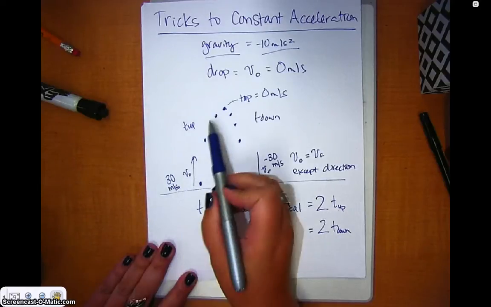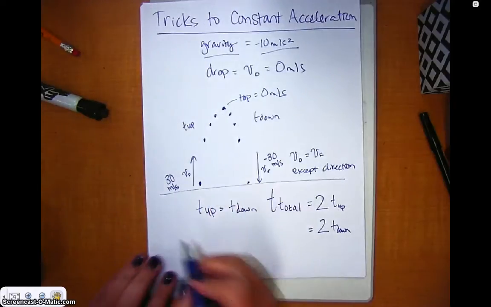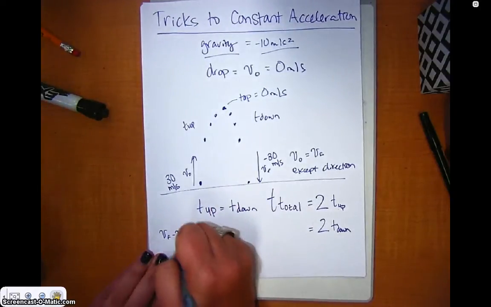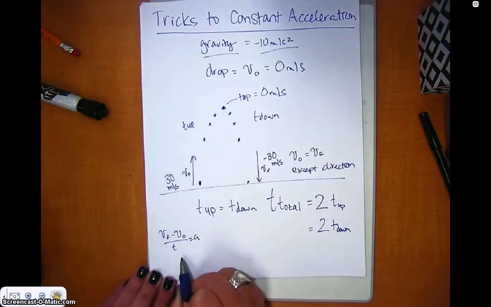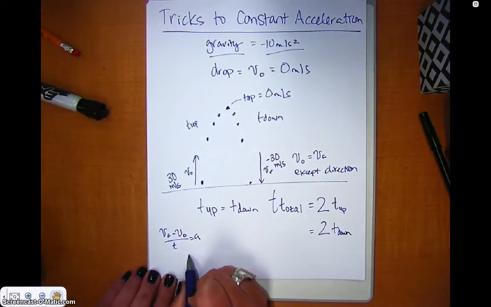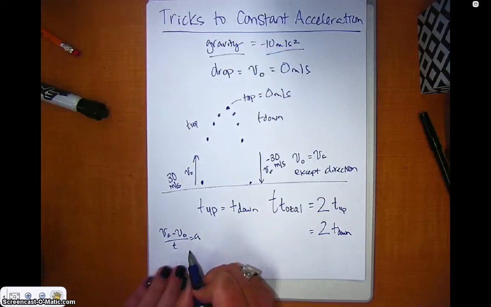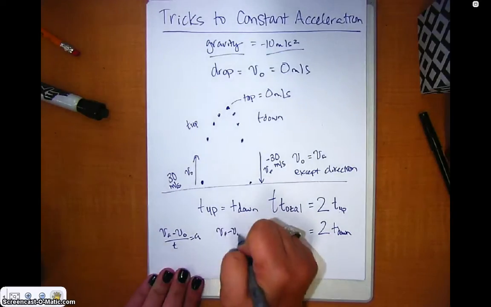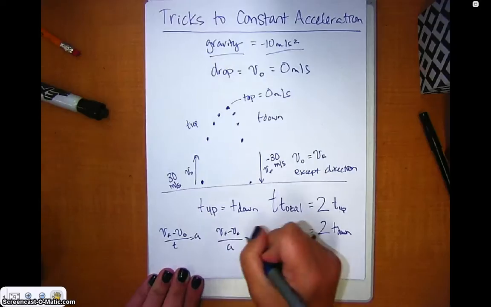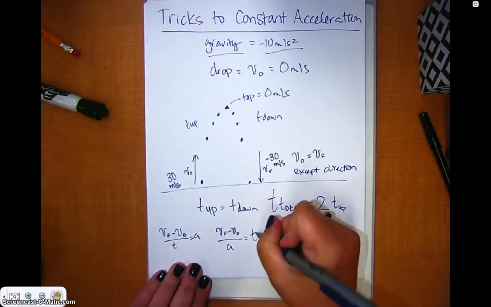We have final velocity is 0. So we know that final velocity minus initial velocity all over t equals a. And if I solve this equation for time, then I get that my change in velocity, v final minus v initial, all over acceleration is equal to t.